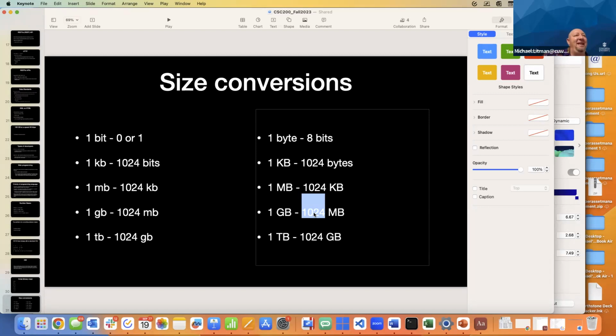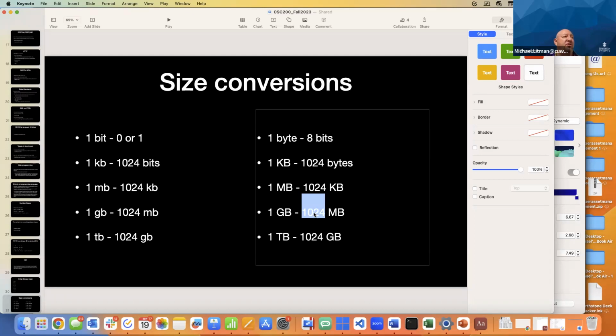So if you have gigabit internet at home, and you're downloading from something like Google that can serve it to you at gigabit speeds, it usually gives it to you as, oh, you're getting this at 68 megabytes per second. It doesn't give it to you in gigabits or megabits, because we understand the idea of megabytes or gigabytes.